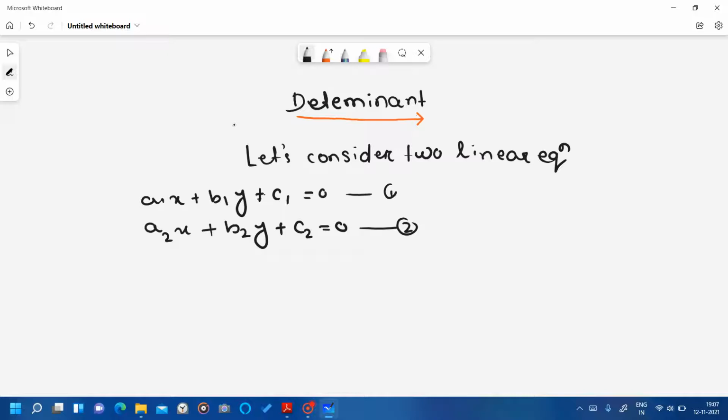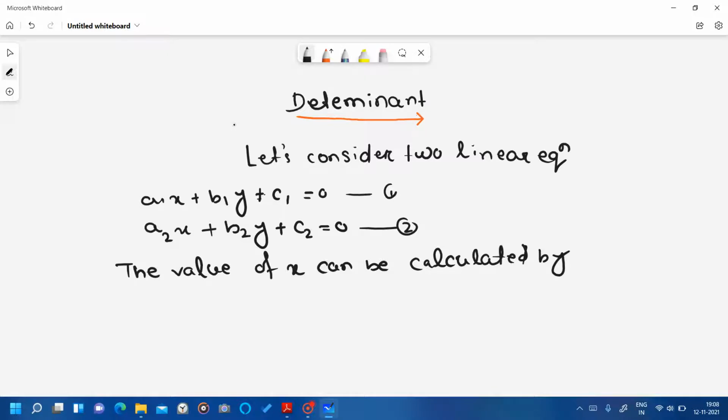The value of x can be calculated by any method that you learned in class 10, maybe cross multiplication or the elimination method.